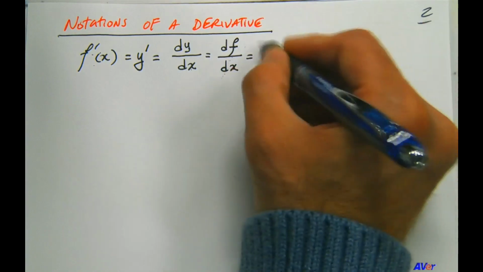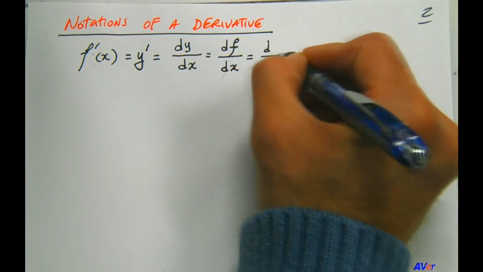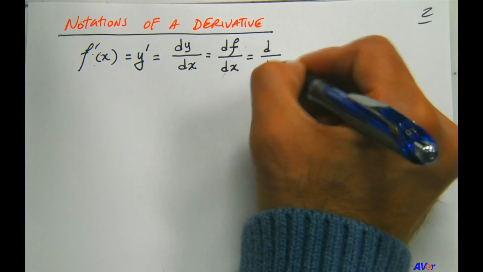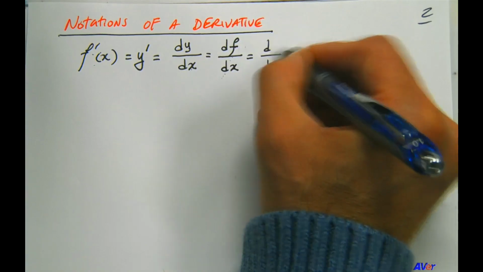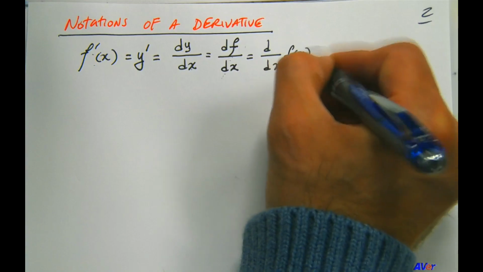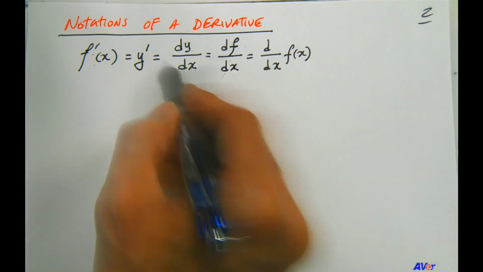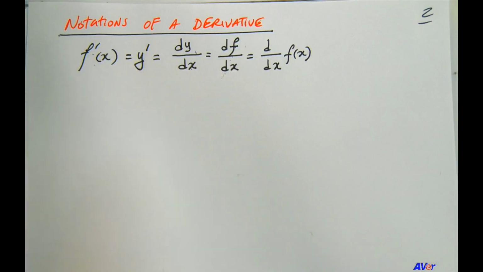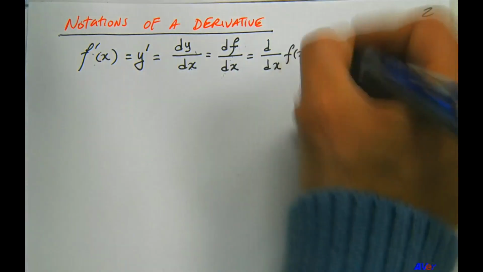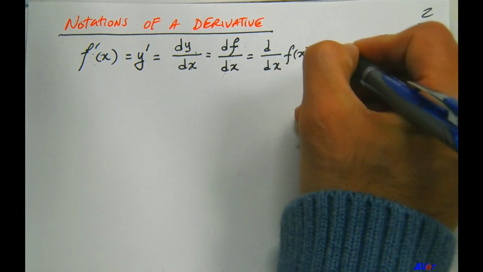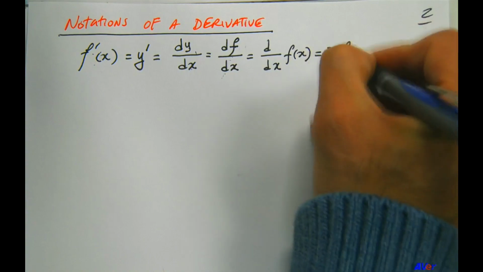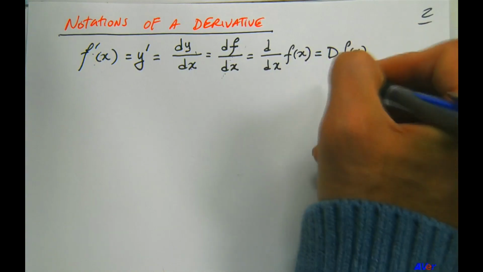Other forms of this notation can be d, just a d, over dx, and then after that, f of x. That's the same thing as that, same thing as that. Okay, what are other notations? Well, we can have d, capital D, of f of x, right?